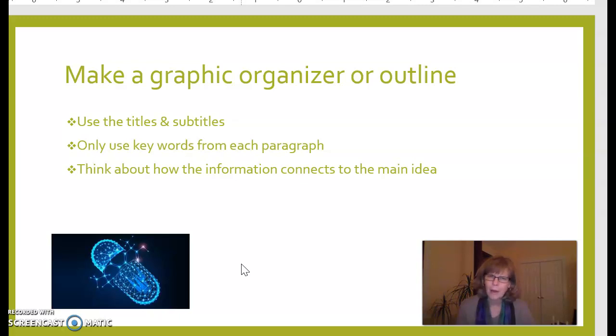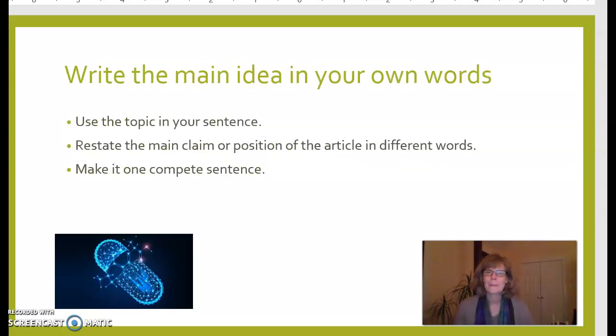Try to think about how this information is connecting back to that main idea that we talked about, which is about the difficulty, the risks, the expense involved in drug discovery. I'm going to ask you to write your own main idea for this article.